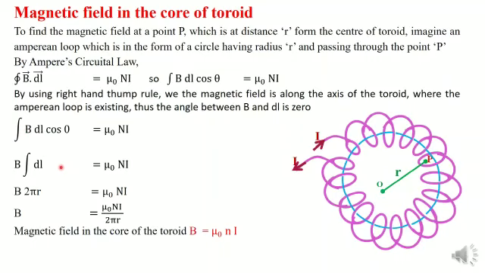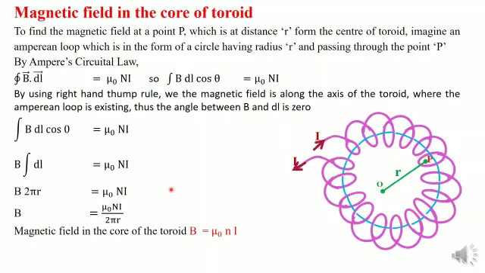dl is a small part of the Amperian loop. Integral dl means the entire length of the Amperian loop. Since the Amperian loop is in the form of a circle, entire length means the circumference of the circle, which is here 2 pi r, because r is the radius of the Amperian loop.